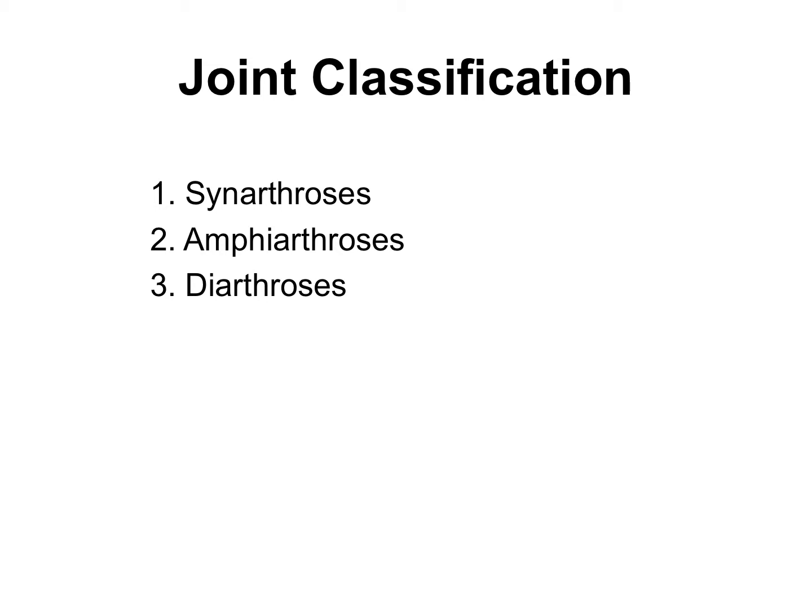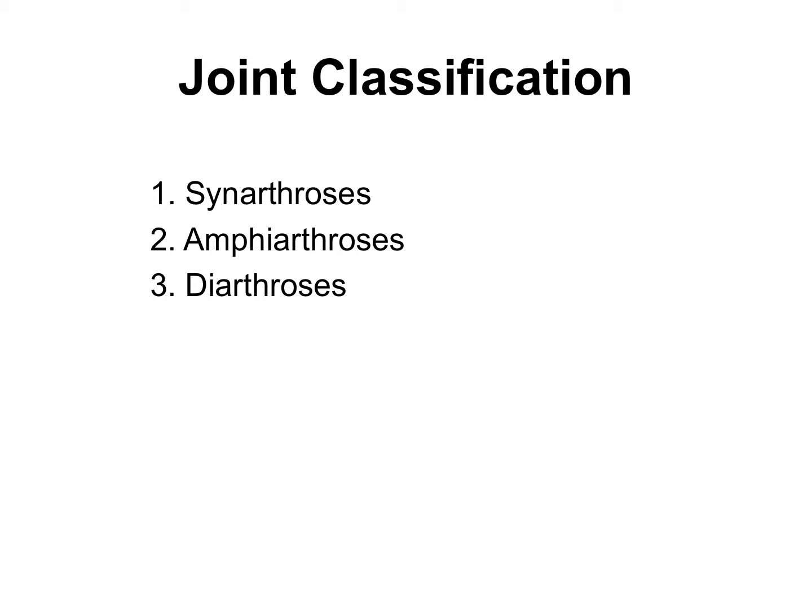Amphi means partial, to some degree. And finally, we have Diarthrosis. Diarthroses are completely movable joints that allow movement in all directions. These are the synovial joints basically.